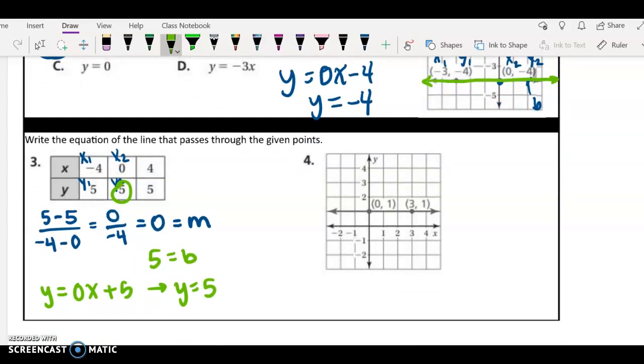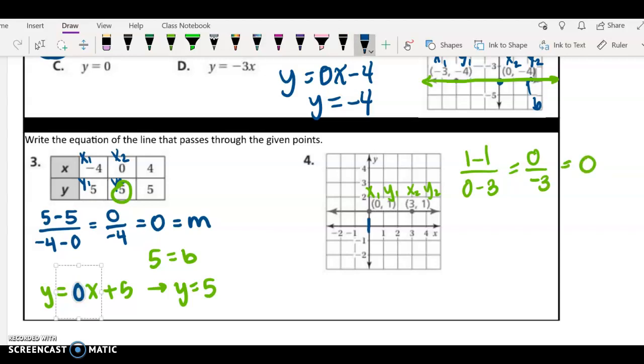So then in example 4, we have our slope, which we're going to label x1, y1, x2, y2. So I have 1 minus 1 over 0 minus 3. 1 minus 1 is 0. 0 minus 3 is just -3. 0 divided by anything is 0.